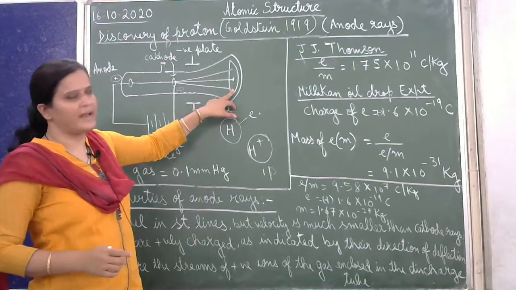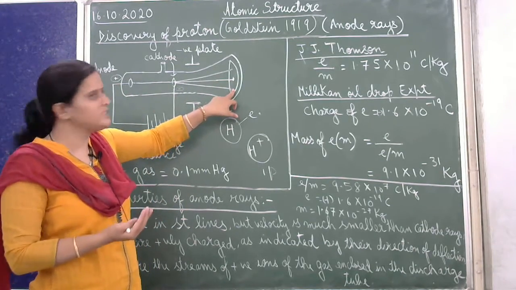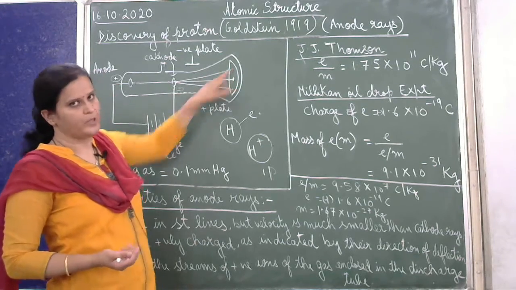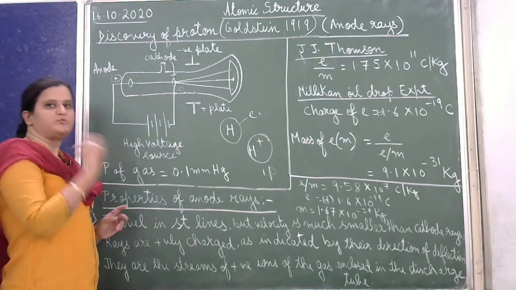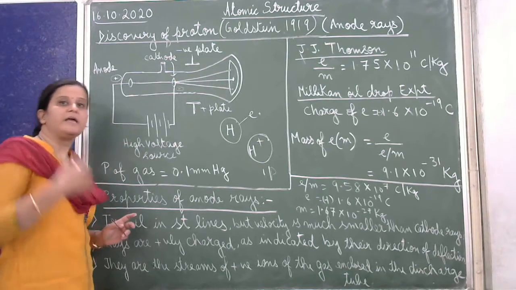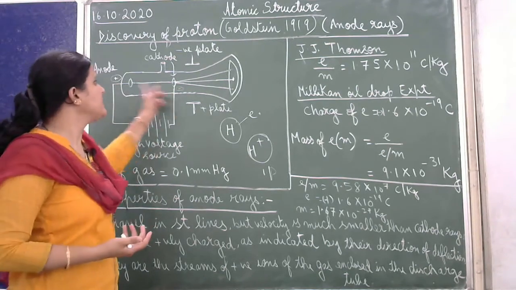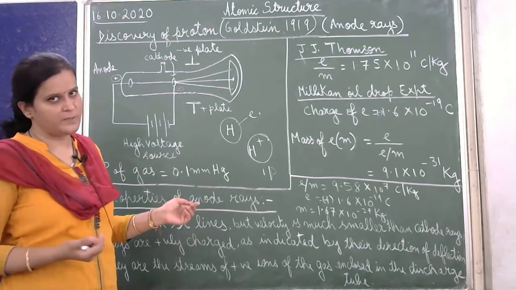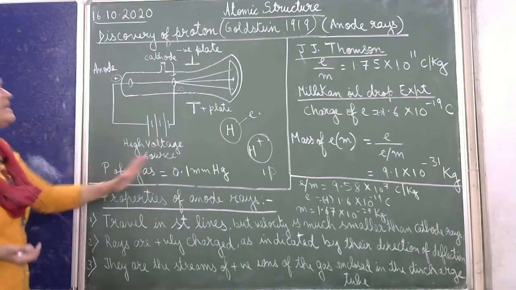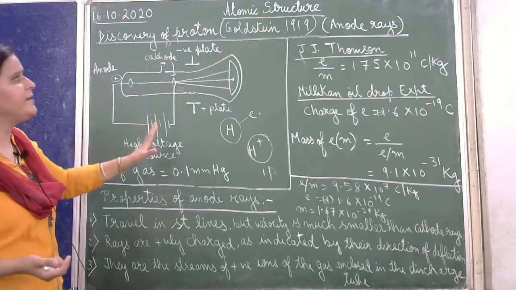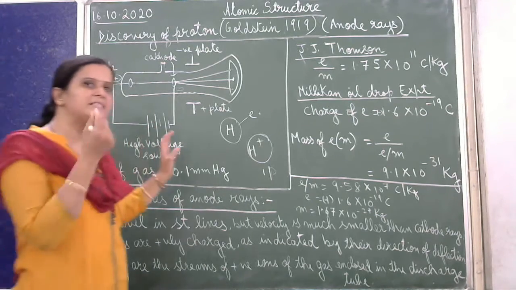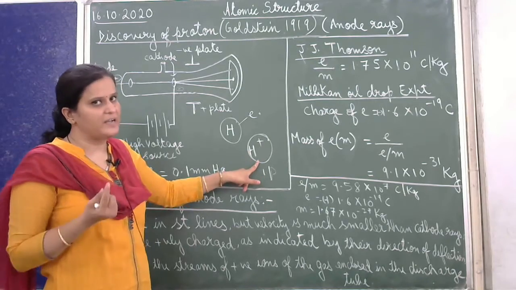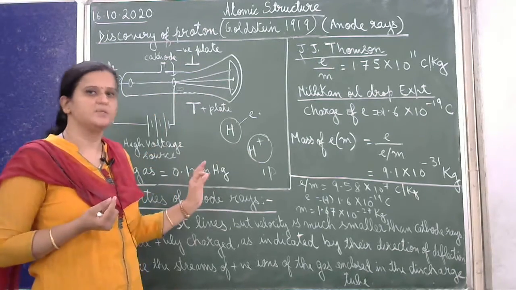This is the direction when I am applying the magnetic field, and the electric field direction was this one. So, by subjecting them to electric and magnetic fields, it can further be concluded that these anode rays were made up of positively charged particles. Okay, so this is how he concluded that there is something else in an atom, a positively charged particle, which he named proton.